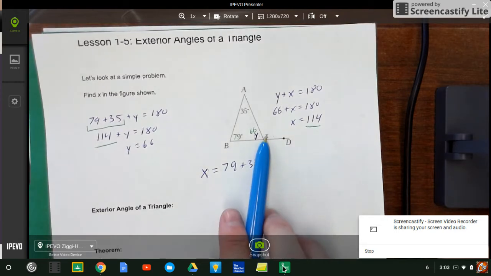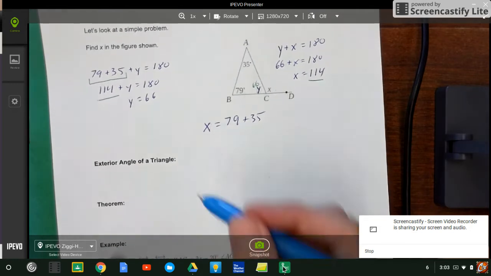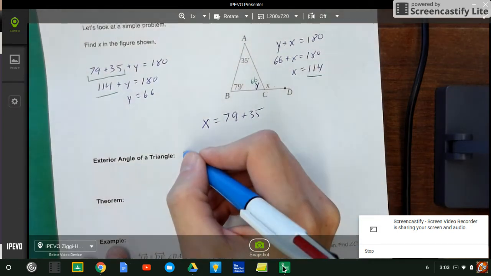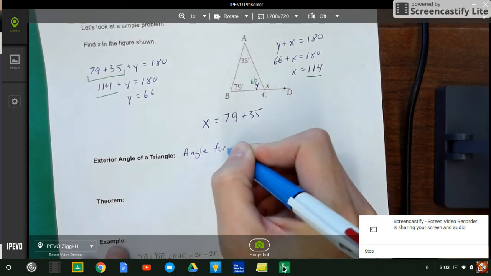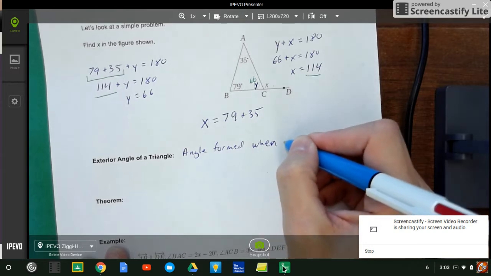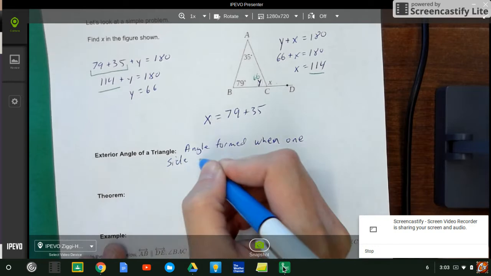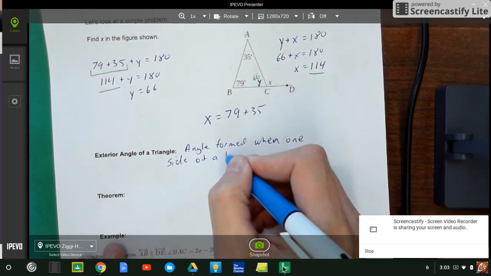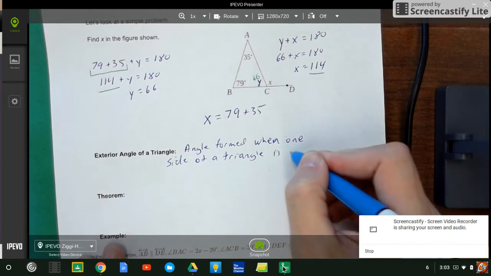This angle at x is what's known as an exterior angle of a triangle. And the way we get that exterior angle is it's an angle formed when one side of the triangle is extended.